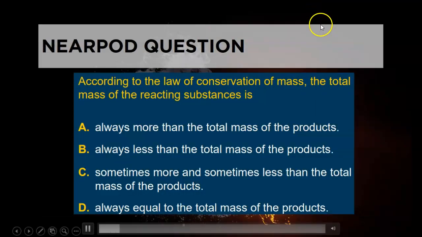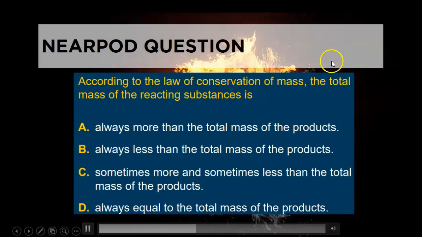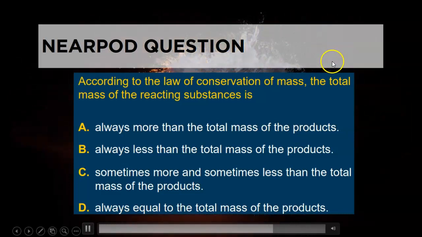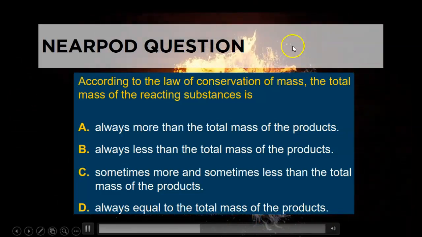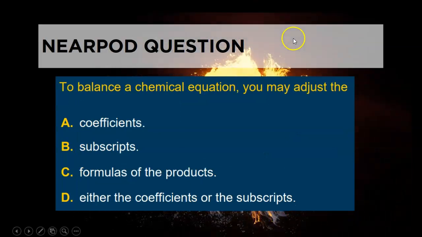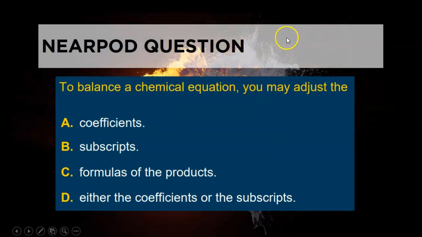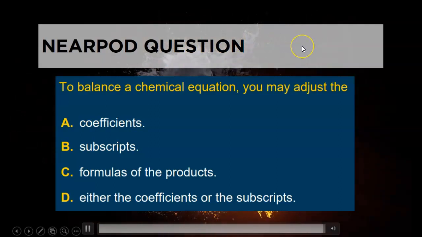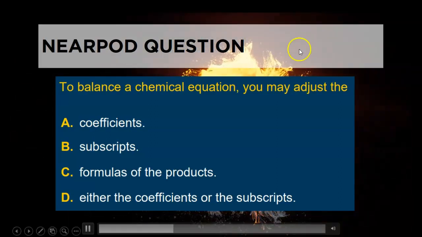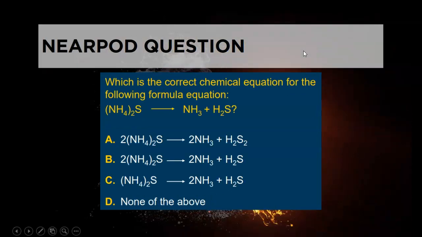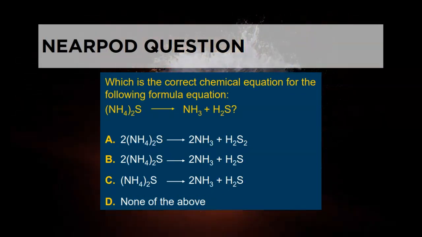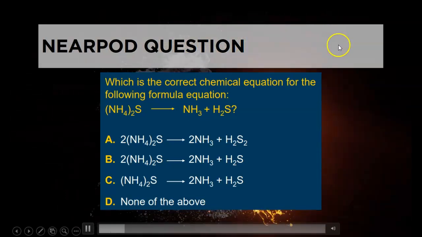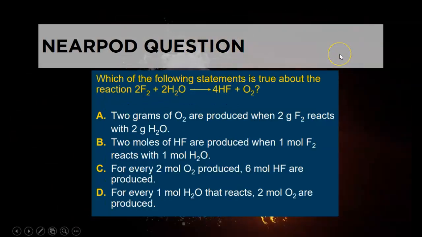So I just have 2 questions here that we will look at in a second. First one's with the law of conservation of mass. Talk about what we want to balance when or what we want to adjust when we're balancing equations, and figuring out which one is the correct chemical equation for that formula.